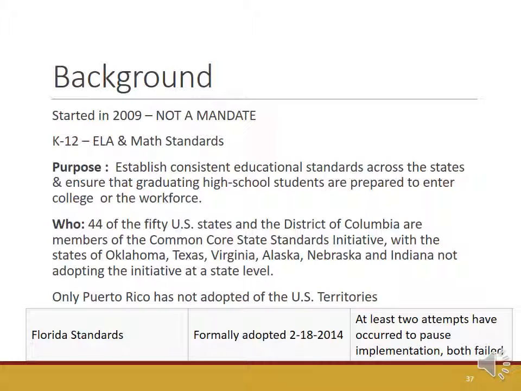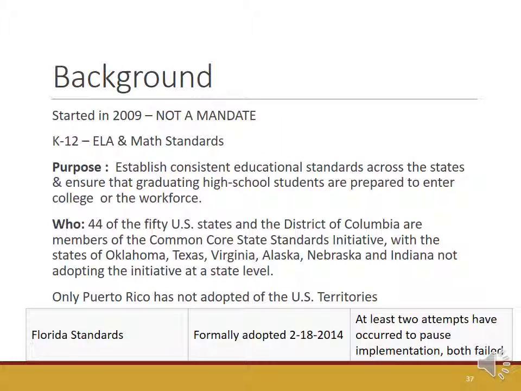So that being said, there are 44 of the 50 states that have some elements adopted of either ELA or the math standards of Common Core. Of the U.S. territories, only Puerto Rico has not adopted the curriculum.